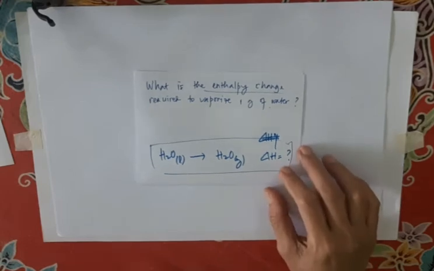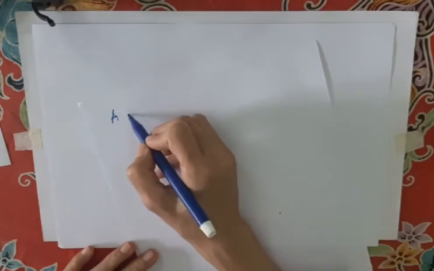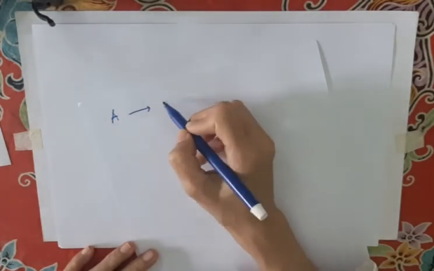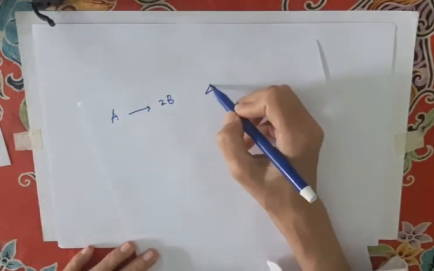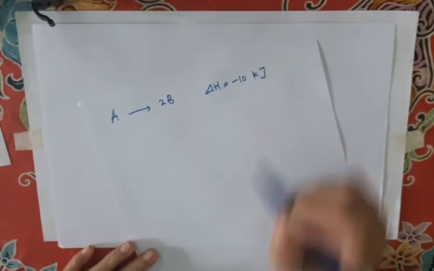And the second basic concept is when a thermochemical equation is reversed. Say that you have A turns to 2B with delta H minus 10 kilojoule.